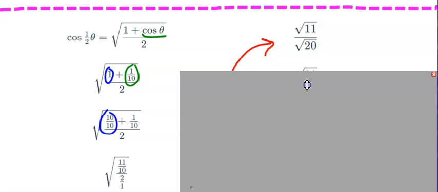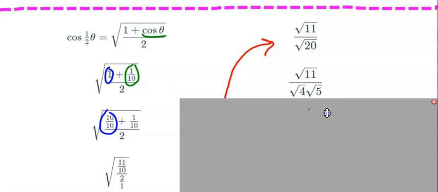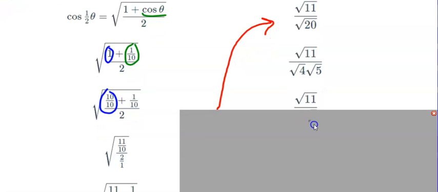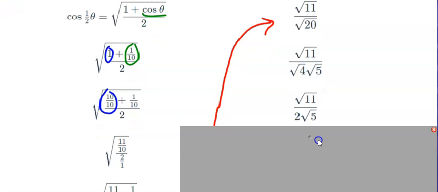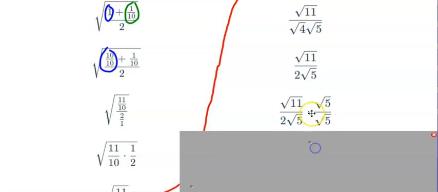Well, the numerator, no, so you're going to keep that as square root of 11. However, the square root of 20 can be split apart into the square root of 4 and 5, because 4 is the largest perfect square, which in and of itself reduces to 2 times the square root of 5 for the denominator of our fraction. Once we've reduced everything as much as possible, our last step is to rationalize. So we rationalize by multiplying both top and bottom by the square root of 5.